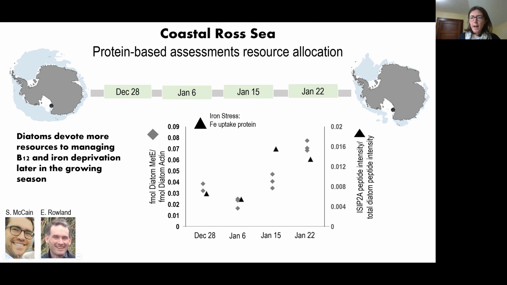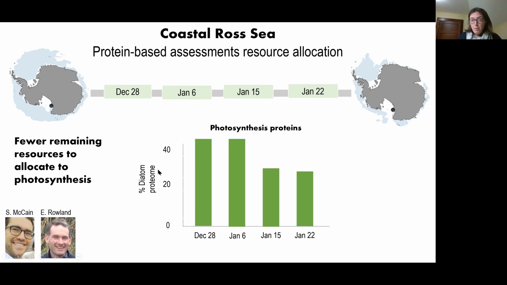So the question that I had after observing these trends was, what might be some trade-offs? So are there proteins that decrease in expression in order to allocate these additional resources to coping with that micronutrient stress? And so that's exactly what we see here. We see fewer resources are being allocated to photosynthesis amongst diatoms as we go from early in the growing season to late in the growing season.